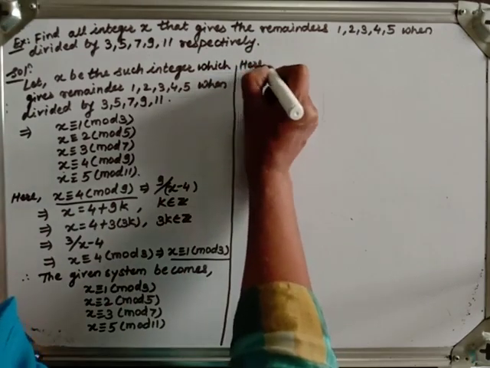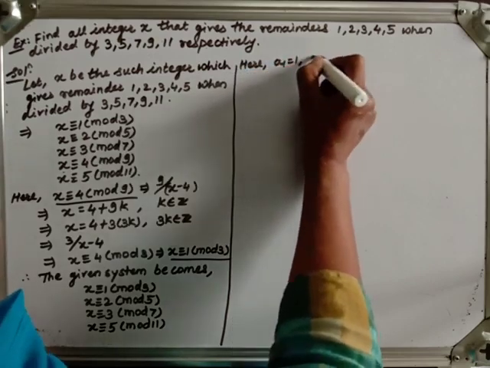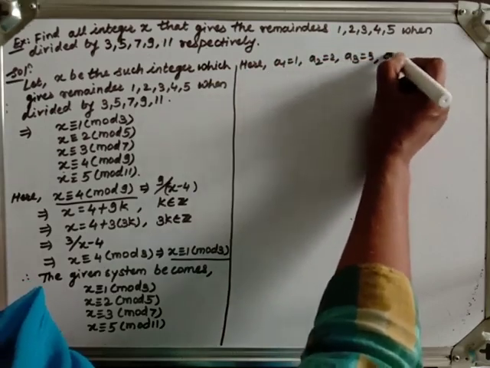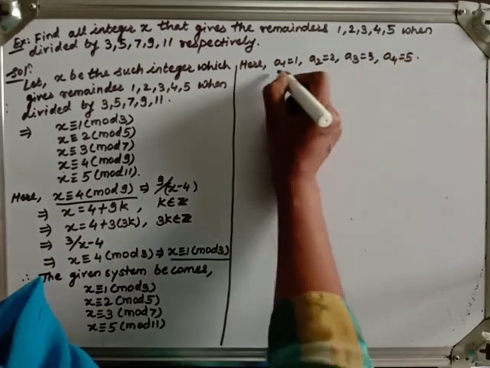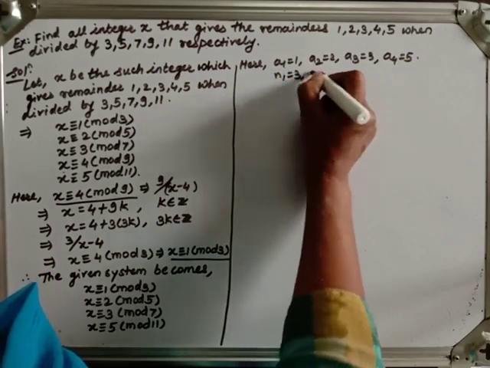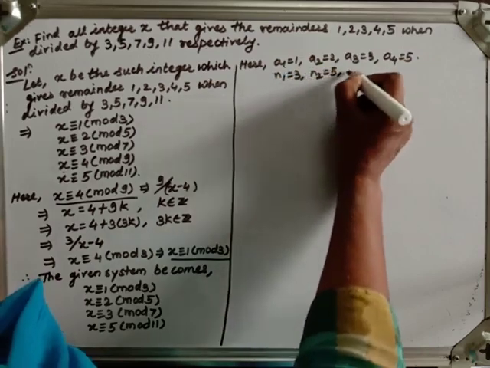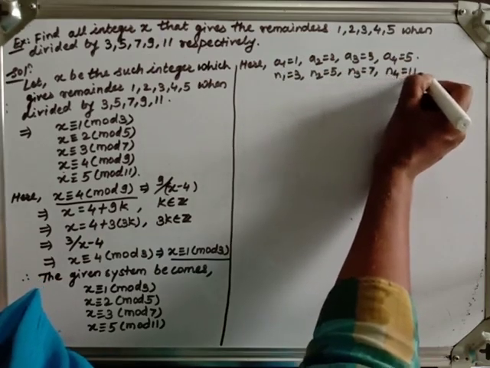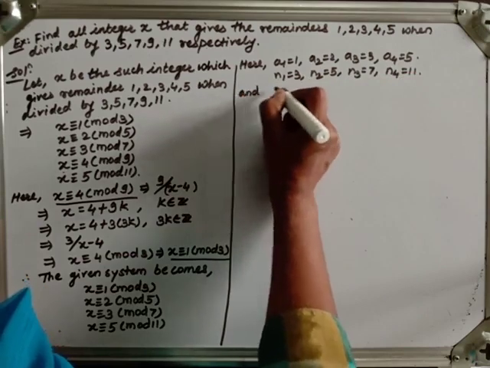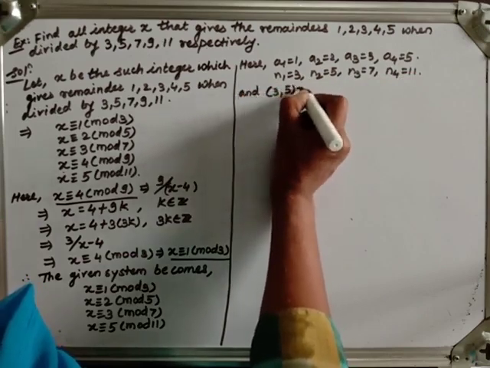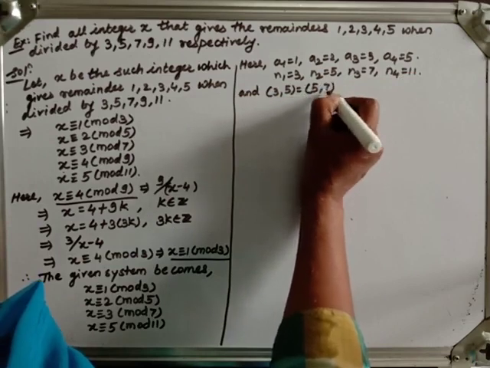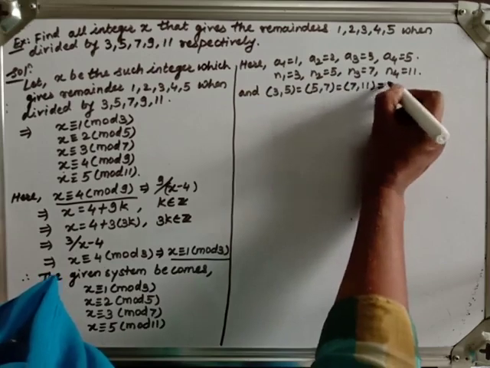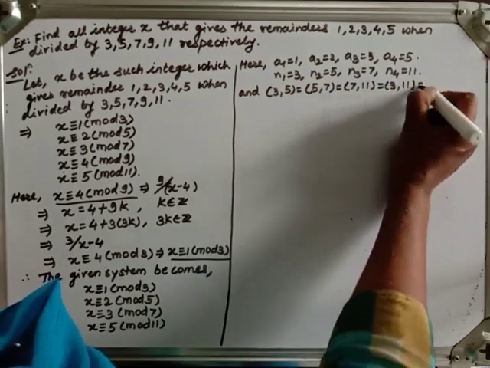Now here a1 equal to 1, a2 equal to 2, a3 equal to 3, a4 equal to 5. n1 is 3, n2 is 5, n3 is 7, n4 is 11. And 3, 5; 5, 7; 7, 11 and 3, 11 are relatively prime.